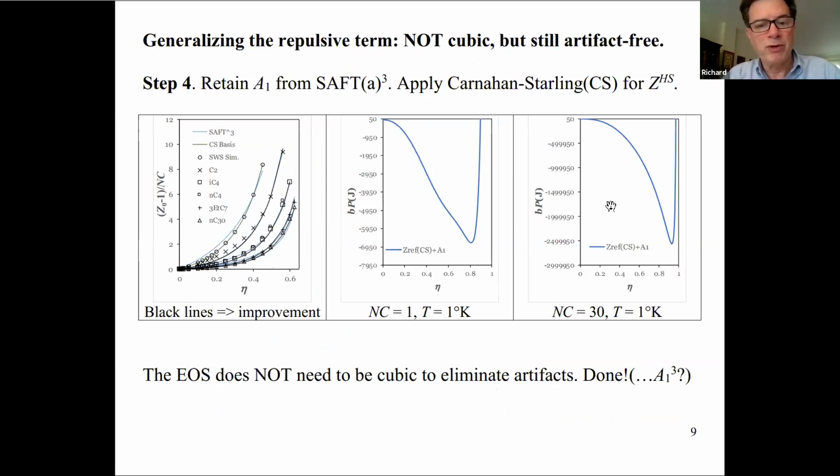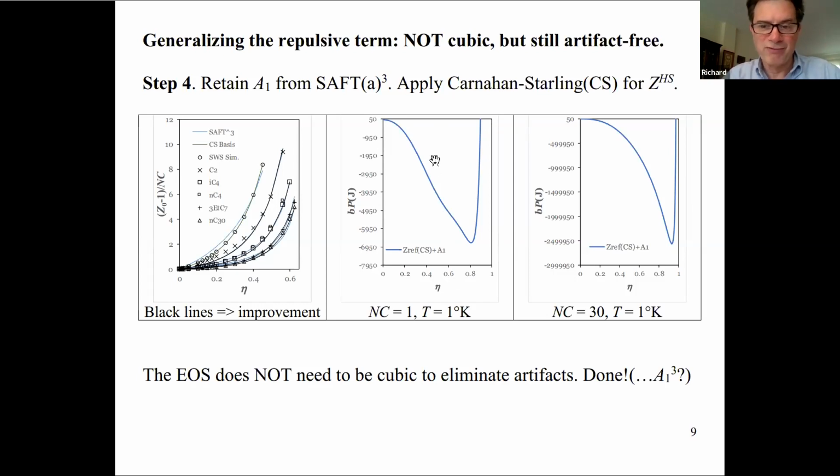And so here what I'm showing to you is that there's only one van der Waals loop. And unlike the PC-SAFT equation, there's no intermediate density. We're pulling the liquid density off of that highest packing fraction root. Another thing is at 1 Kelvin, okay, so I've set a goal. I'm not going to go below 1 Kelvin in terms of my applications or my evaluation of whether this thing is artifact free.